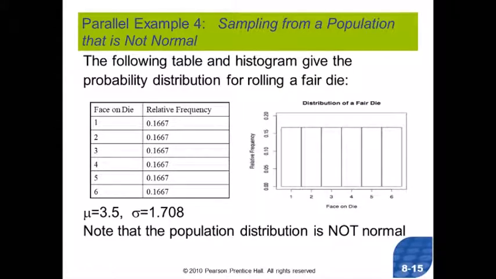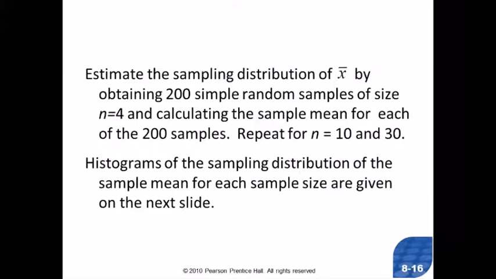So, if we will be doing a sampling distribution like this one, there are 200 random samples of size n equals 4. Then later, using this app, the histogram with size n equals 10 and size n equals 30 will be shown.